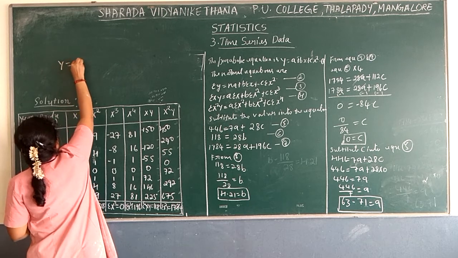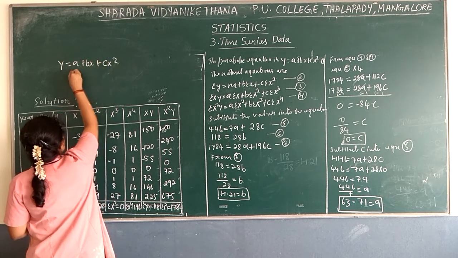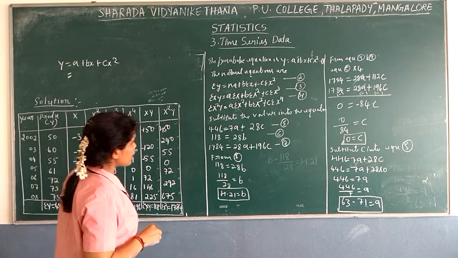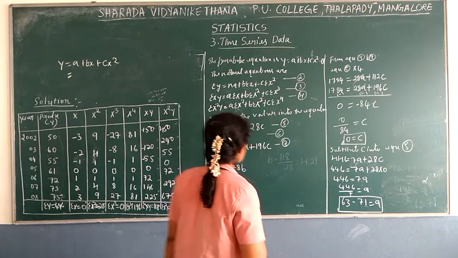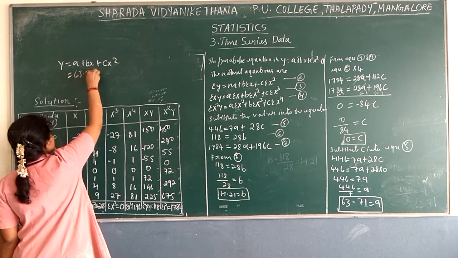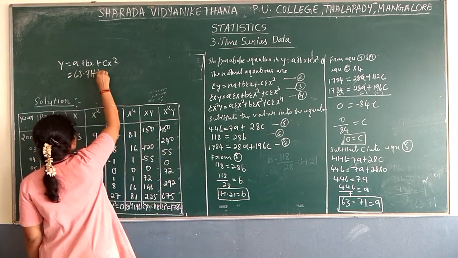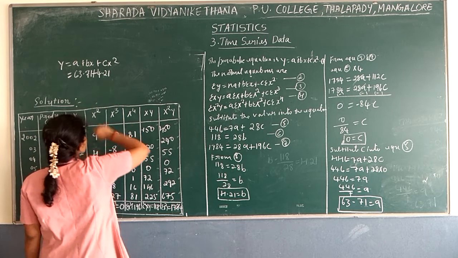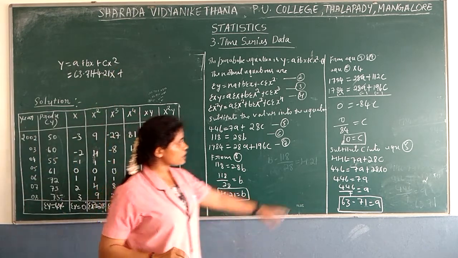Y is equal to a plus bx plus cx squared. So what is the value of a? The value of a we got here as 63.71. So 63.71 plus what is the value of b? That is 4.21x plus what is the value of c?